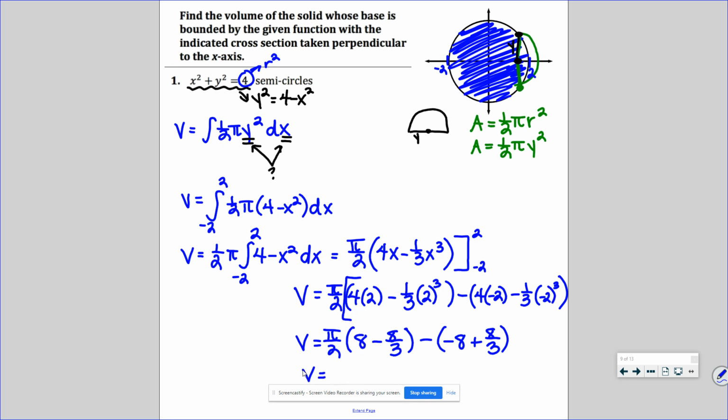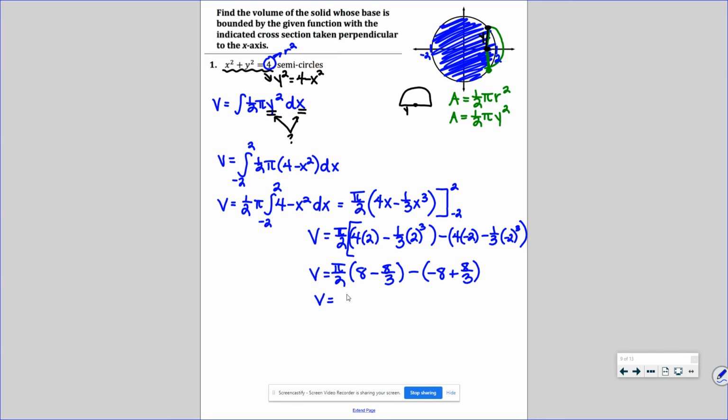And then simplify, looks like we would have pi over 2 times. 8 plus 8 would be 16. -8/3 minus 8/3 would be -16/3. I'll try to get a common denominator here. 16 times 3, that's 48.